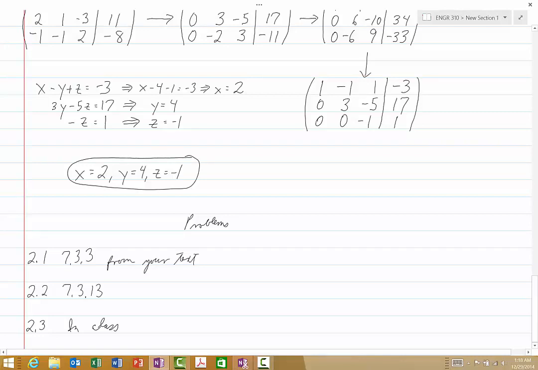And problem 2.2 will be 7.3.13 from your text. And then in class, we'll have one more problem related to this topic. So that concludes lecture 2, and good luck.